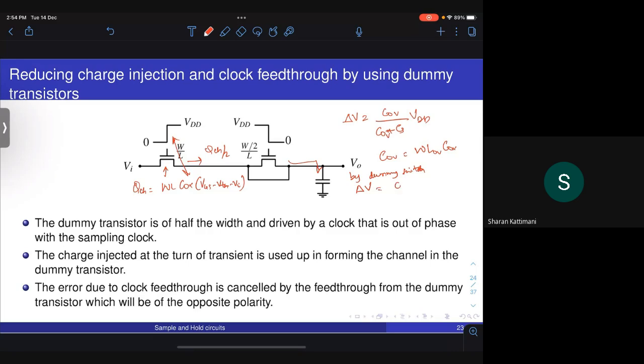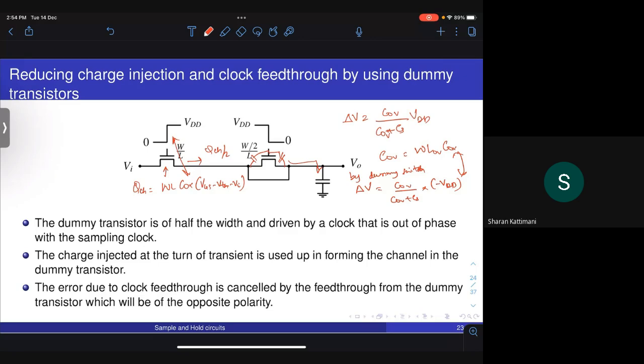It will be equal to C overlap divided by (C overlap plus CS) into minus VDD, because the transition is in the opposite direction. Okay, now C overlap for the dummy switch is half of that of the sampling switch, but notice that both source and drain are shorted together. So therefore, I will have charge injection from gate to source as well as gate to drain, and both of these will add together and they will compensate whatever is being injected by the clock of the main transistor.